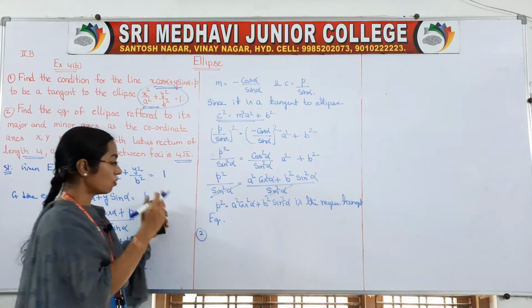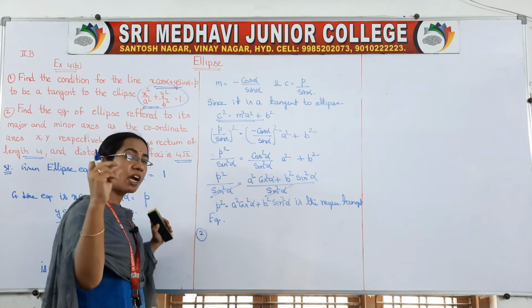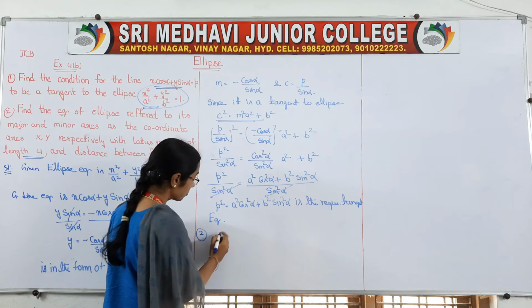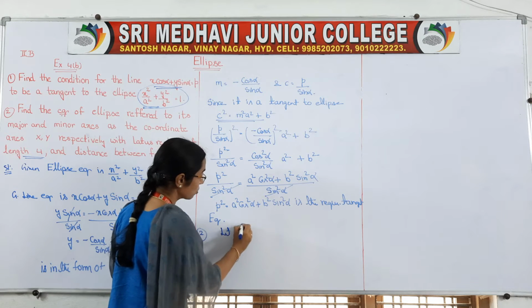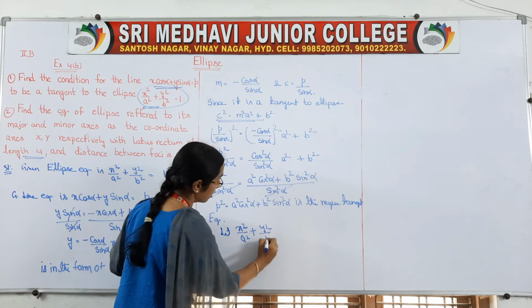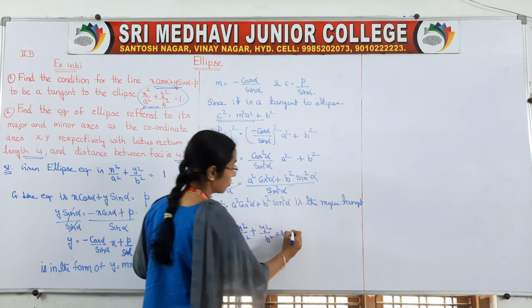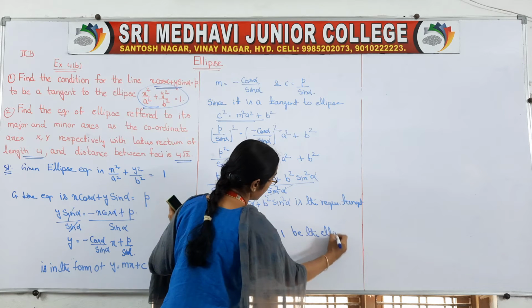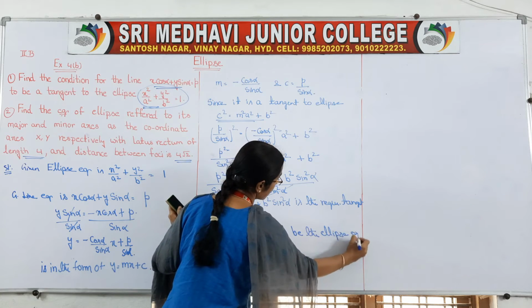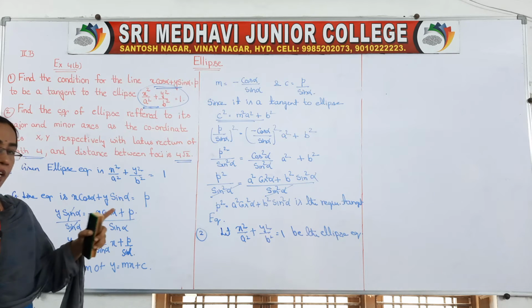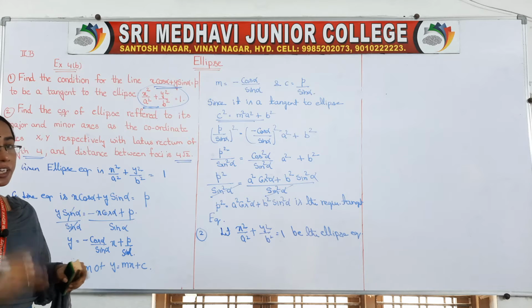So how will we find it? We have to find the a and b values. So let x square by a square plus y square by b square is equal to 1 be the ellipse equation. We have to find a and b from the given conditions.